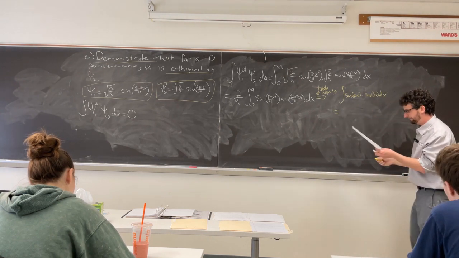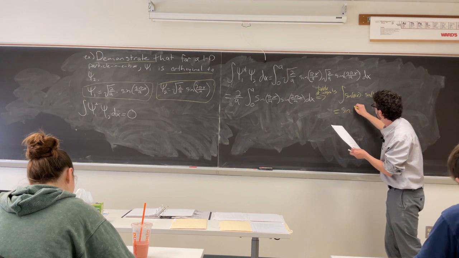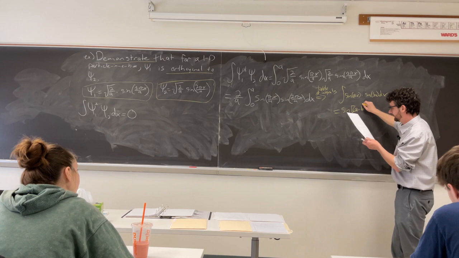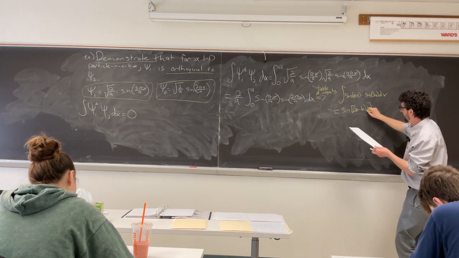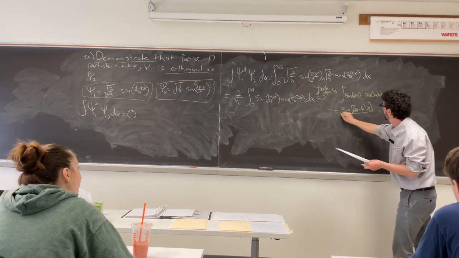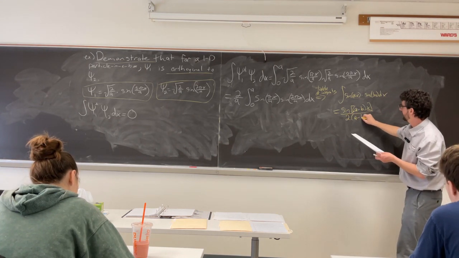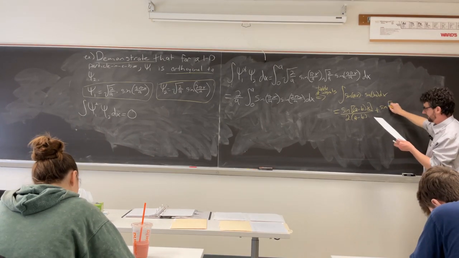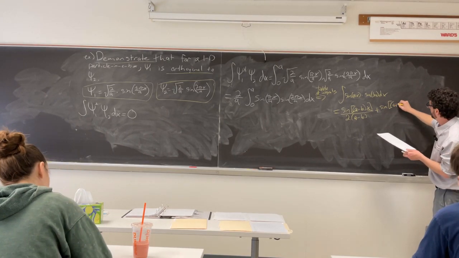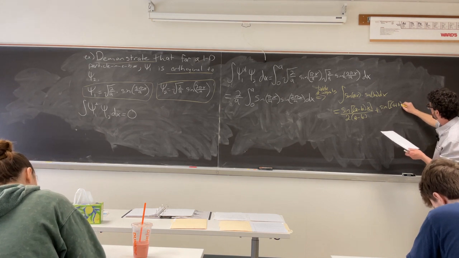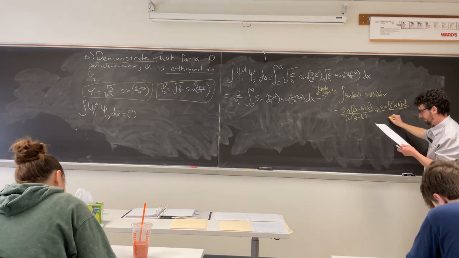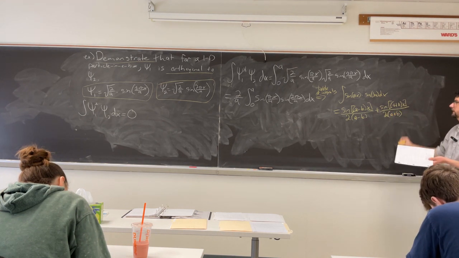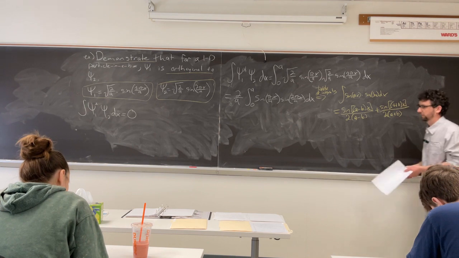If you integrate that, you get sine of (a minus b) times x divided by 2 times (a minus b), plus sine of (a plus b) x divided by 2 times (a plus b). Thank you, whoever determined that.